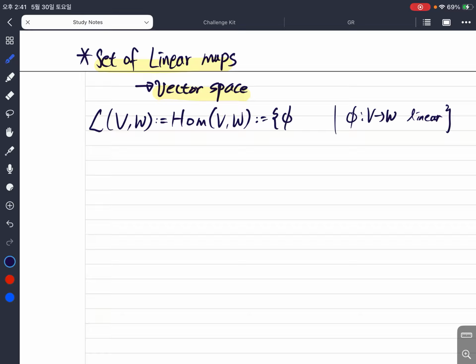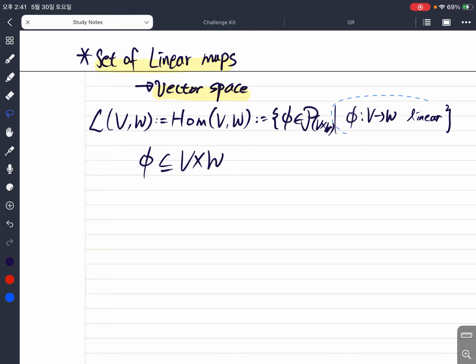So it is the set of all linear maps from V to W. Recall that this is just a class, so if we want to say it is a set because of the separation axiom, it should be a subset of something. In fact, recall that a map phi is a subset of a Cartesian product. It means that phi is an element of the power set of a Cartesian product.